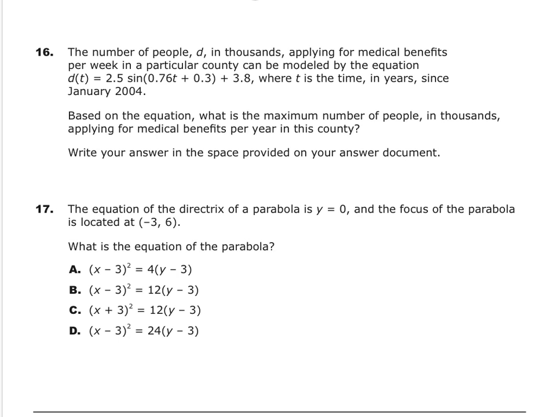All right, now question 16 still has sine in it, which is something we haven't talked about, sine, cosine, and tangent. So you might think to guess on that one, except this one does say what is the maximum number of people. So what I want to show you is how you can still use your calculator to figure out a maximum. For the most part, remember when we use our calculators, we're going to use y equals. So I've typed this equation into y equals.